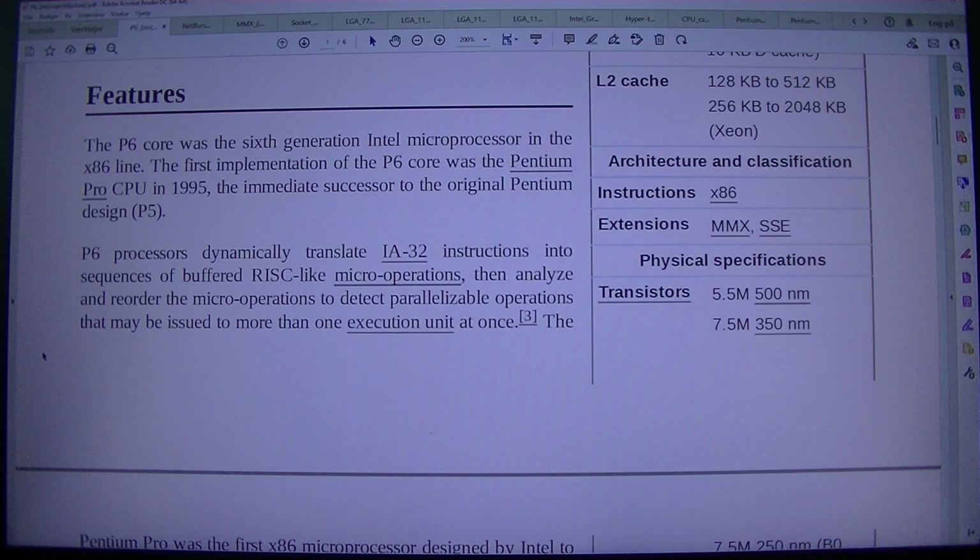The first implementation of the P6 core was the Pentium Pro CPU in 1995, the immediate successor to the original Pentium design, P5. P6 processors dynamically translate IA-32 instructions into sequences of buffered RISC-like micro-operations, then analyze and reorder the micro-operations to detect parallelizable operations that may be issued to more than one execution unit at once.